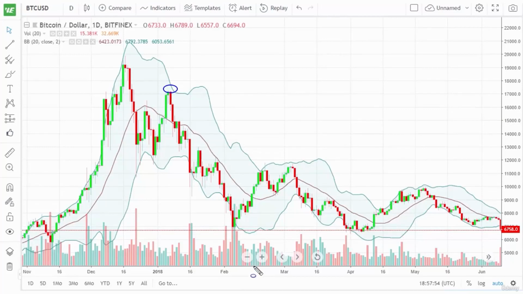Now, the question is, do they want to take profit at the moving average, which is considered to be fair value, if you will, or do they want to aim for the lows? Well, that really comes down to how aggressive you are. That's part of the choice that you make, if you will. Most traders will at least try to aim for the middle line, though.